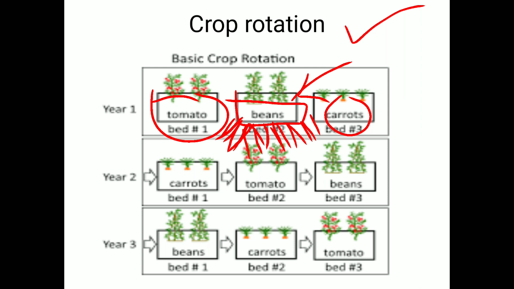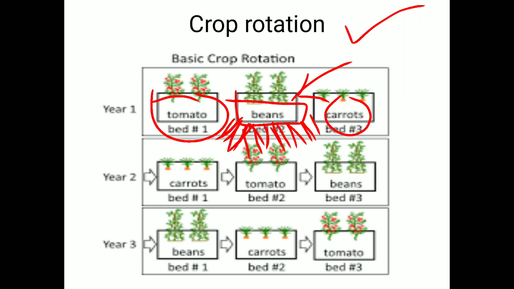If you do crop rotation with a leguminous crop, then the beneficial microflora, that is, beneficial microorganisms in the soil, increases, along with better utilization of soil moisture and nutrients. Then there is less incidence of pests and diseases if you grow a non-host crop in intercropping as well as in crop rotation.